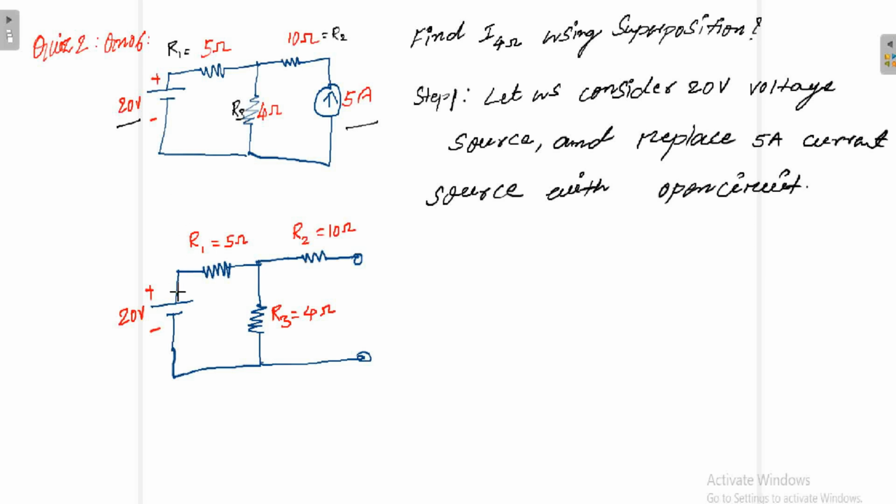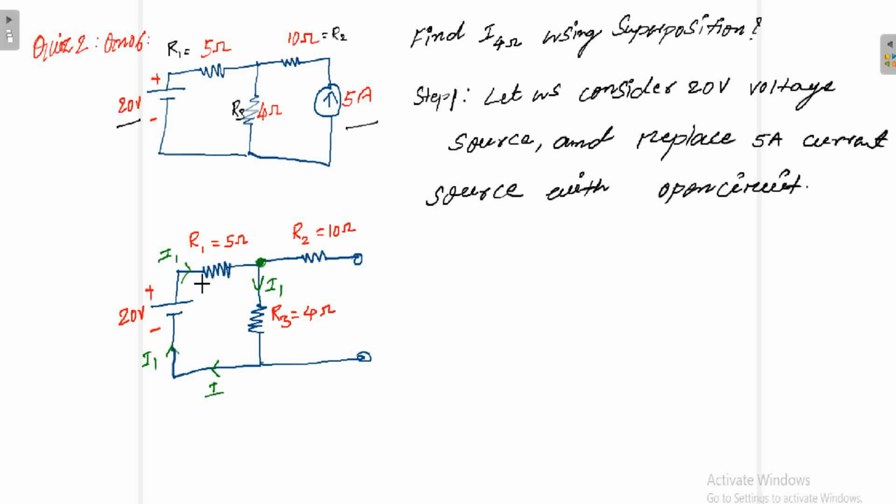Let us consider the current supplied by this 20 volts is I1. This I1 current flows through this 5 ohms and reaches this point. It is an open branch, so 0 amount of current flows. Whatever current is supplied by the 20 volts, the same amount flows through I1, and this I1 reaches the negative terminal of the voltage source.